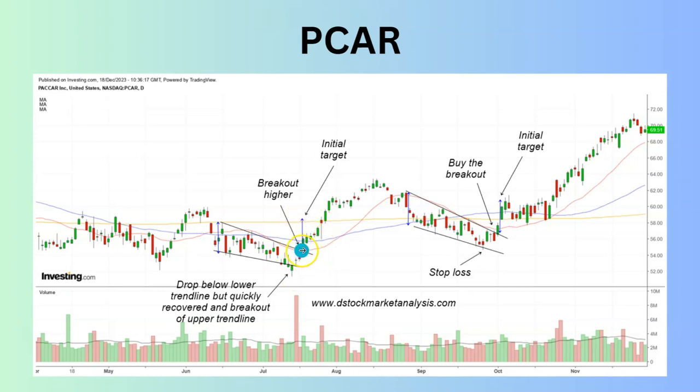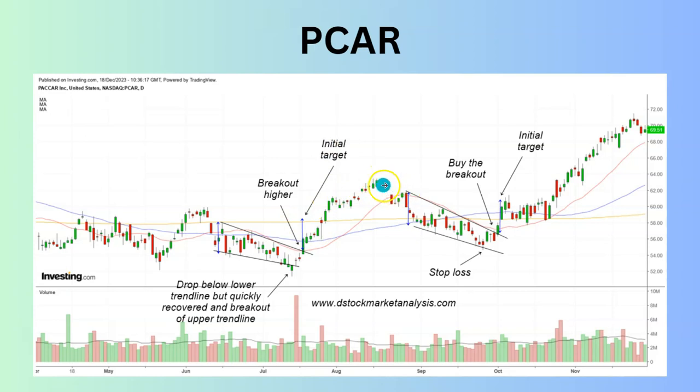And look how the stock moved up so much after it broke above this upper trend line. You take the height of this pattern at its widest point and project it upwards from the breakout to get an initial target. First initial target, and then you ride the other positions higher.